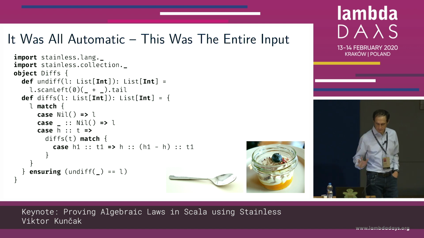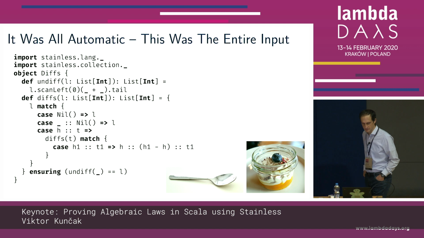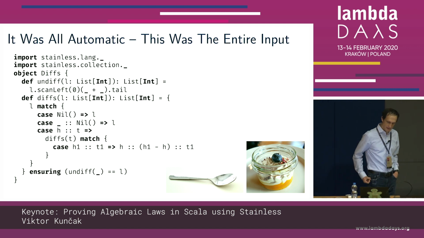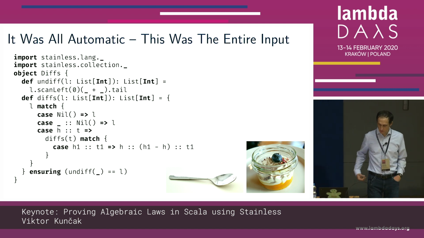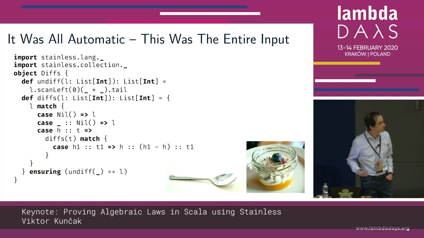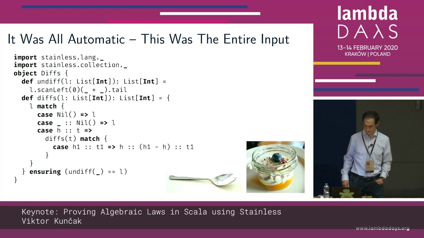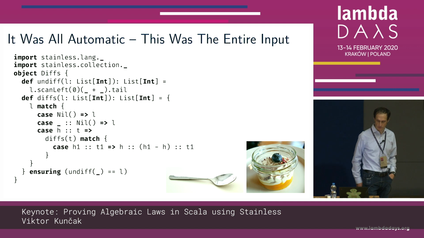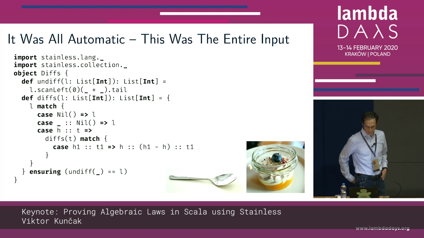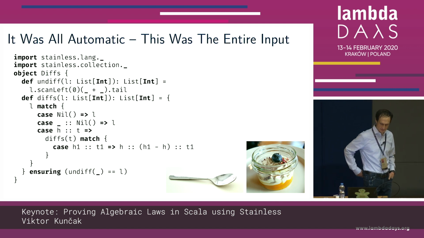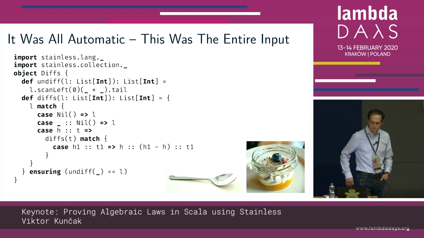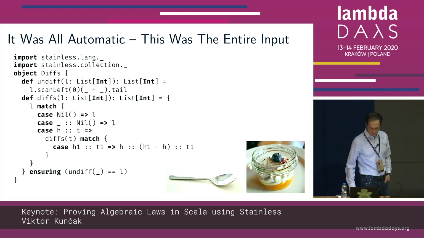And that was essentially the entire input that we gave. Obviously it's a very small function, but I also wanted to emphasize that we did not need to give any additional hints. There is some configuration file where you can set which solvers to use and which aspects of semantics you want to capture, but basically it works out of the box.